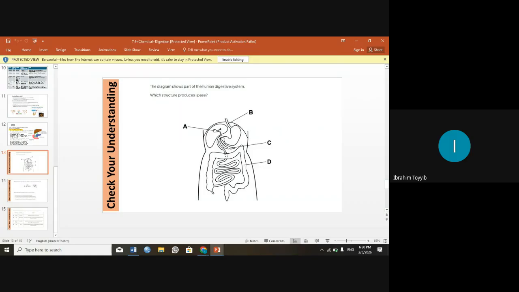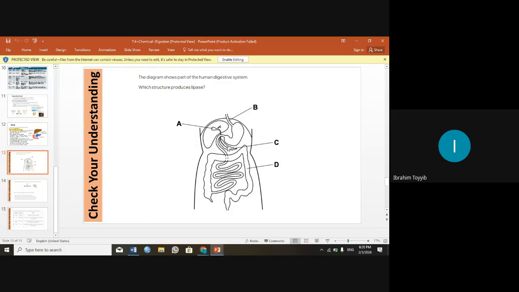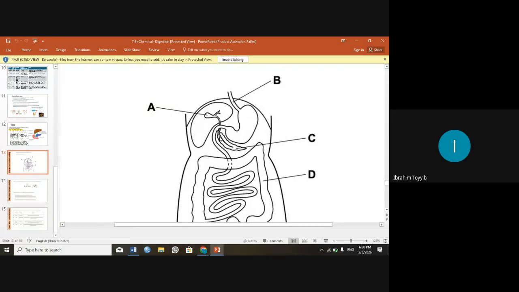So which one produces lipase? C, which is the pancreas. This is how the pancreas looks. It is like the shape of a leaf, and it is found beneath the liver.